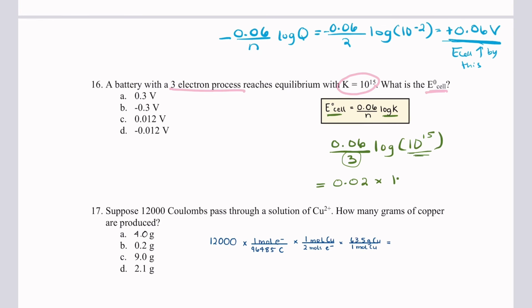Now we multiply 0.02 by 15, and that gives us 0.3. Because the equilibrium constant is extremely large, the reaction is strongly product favored, and that corresponds to a positive standard voltage. Therefore, the standard cell potential for this battery is 0.3 volts, which is answer choice A.